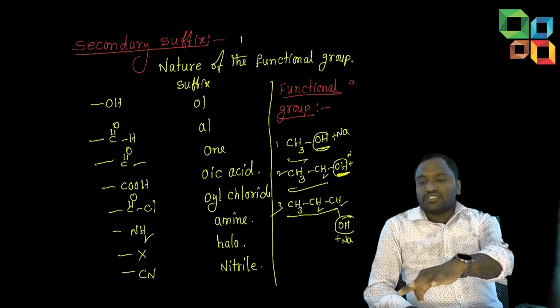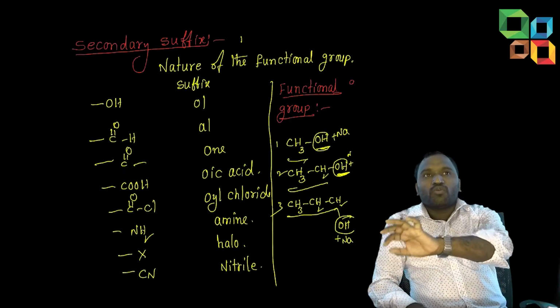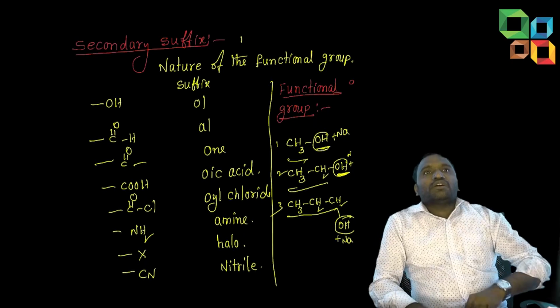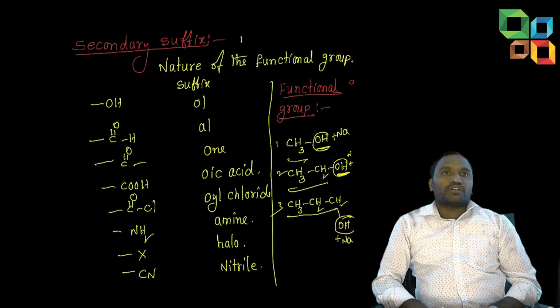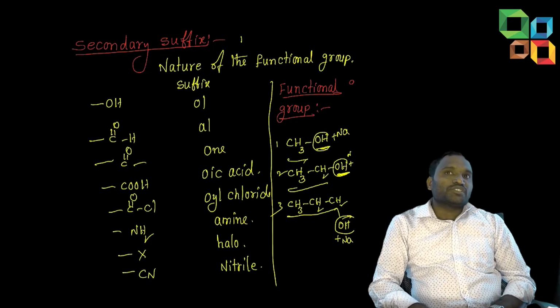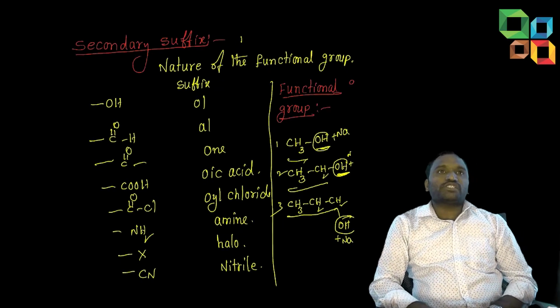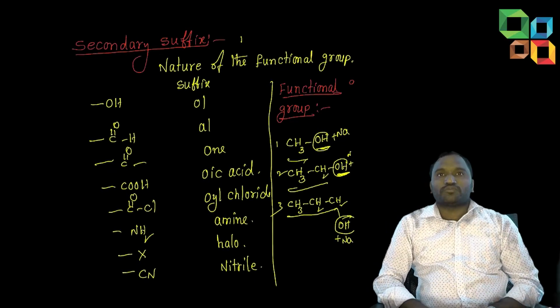Irrespective of the number of carbon atoms, the chemical reactivity is the same. Sodium is reacting in a particular area only. The OH group is deciding the product. So this type of group, which is involved in the chemical action, is called a functional group. It is doing some function, so it is called a functional group.